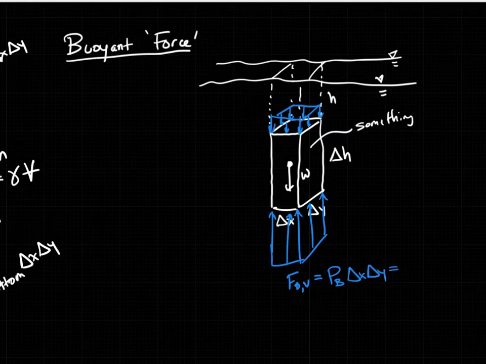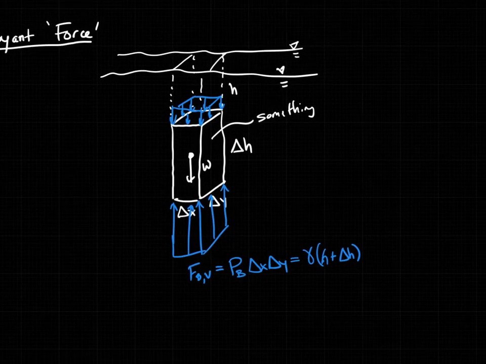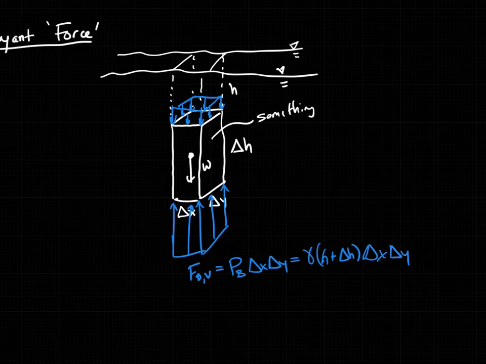What's the pressure on the bottom? It's going to be gamma times h plus delta h, because we're deeper than h, times delta x, delta y. Now note real quick that this gamma is the gamma of the fluid out here. That's really important. That's the most confusing thing about this whole thing.